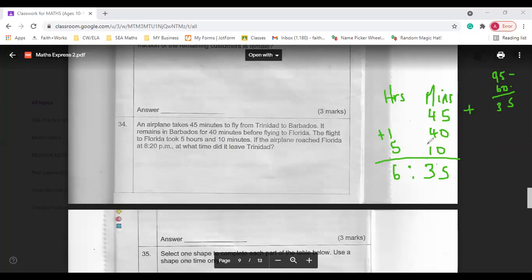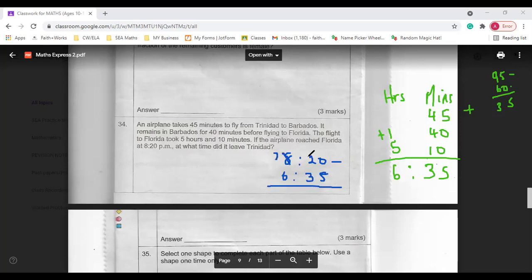Now the question says, if it reached Florida at 8:20, what time did it leave Trinidad? So we're going to have to subtract. So 8:20 subtract 6 hours and 35 minutes. We're going to have to borrow some minutes over here.